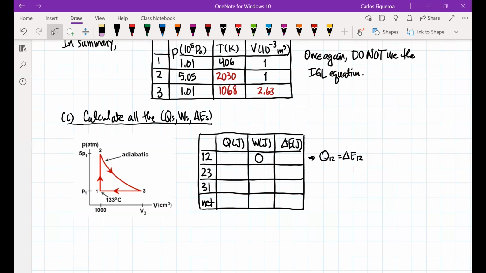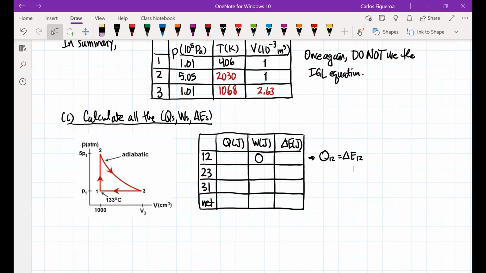So let's go do that. For the adiabatic process, I'm going to calculate the internal energy between 2 and 3. It is identical to the previous situation, so I'm going to have n C_V times the temperature change between 2 and 3.